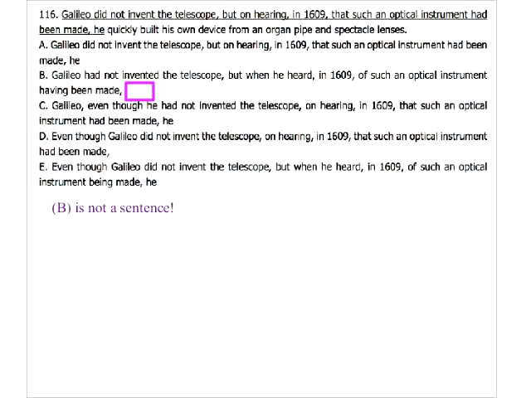Here's an example of a sentence that's really a sentence: when I heard the news, I became sad. That's a real sentence.